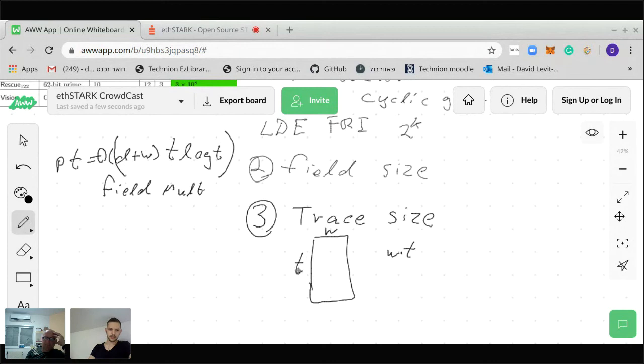So we have here a trade-off, which bounds W very quickly. So W cannot be larger than some constant that we decide upon.